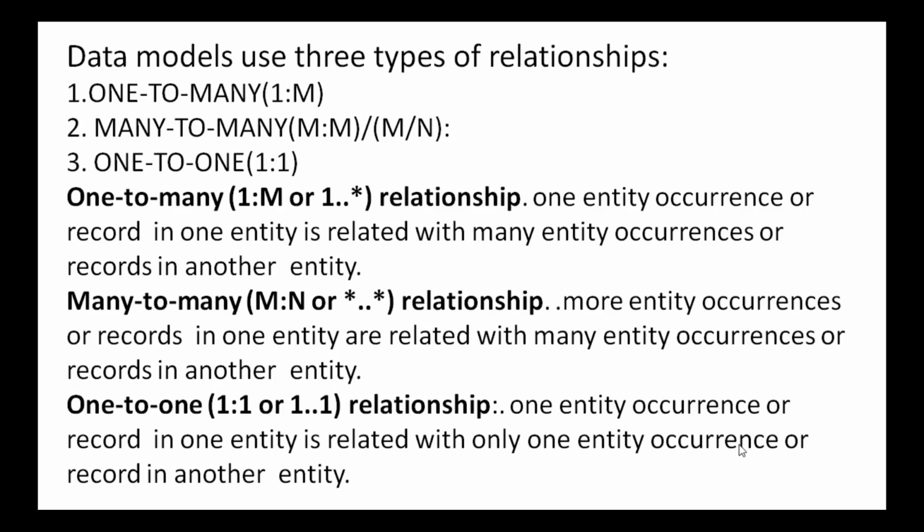Employee manages one store and each store is managed by only one employee. That means one employee record relates with one store record and one store record relates with only one employee record. These are the three types of relationships.